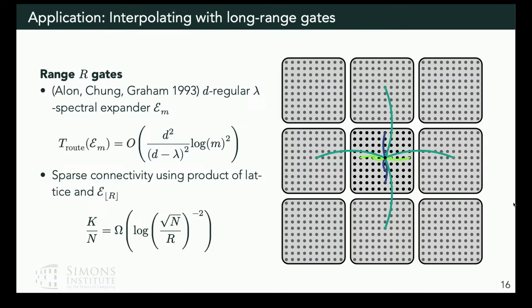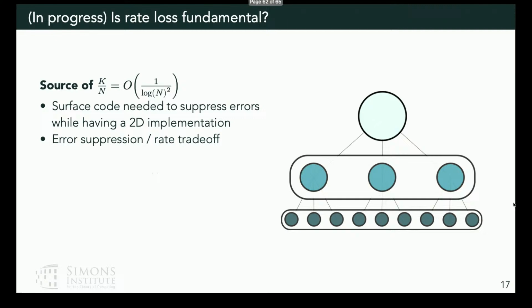This is the lattice length, and this is the distance of our gate, and this holds for any R as long as it's not too large. There are some subleading terms that I've suppressed, but you can imagine this holds for any R that's subleading in square root n.